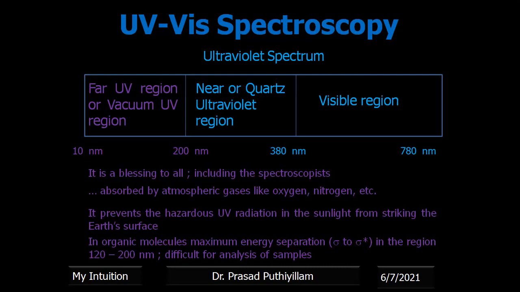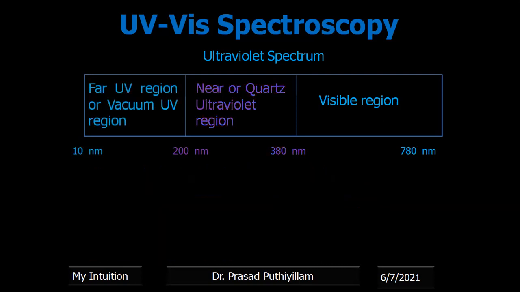Whereas if all the sigma bonds start to absorb the UV radiation, then we get a mixed spectrum, which makes it difficult for an analyst to distinguish the type of electrons present, that is pi or lone pair of electrons. Therefore, we are not using this range in our UV-visible spectrophotometry analysis. 10 nanometers to 200 nanometers is not used. Above 200 nanometers only we are using it.